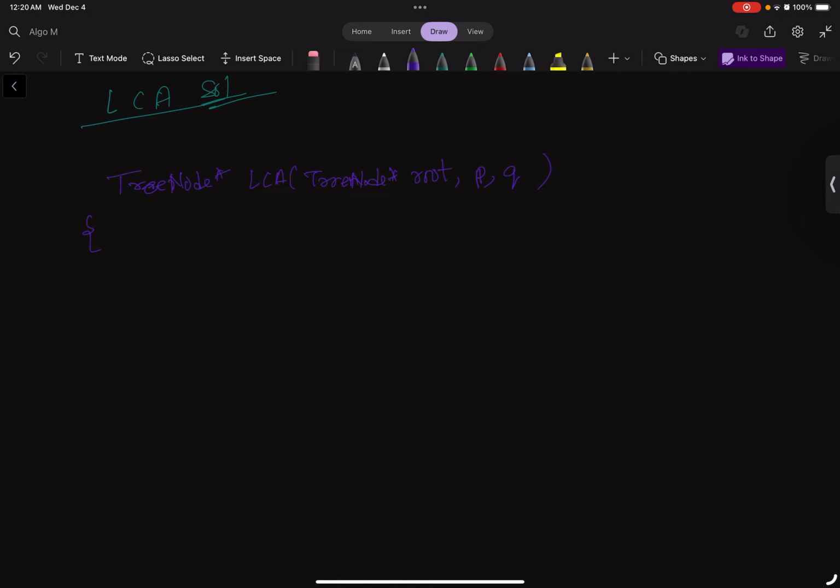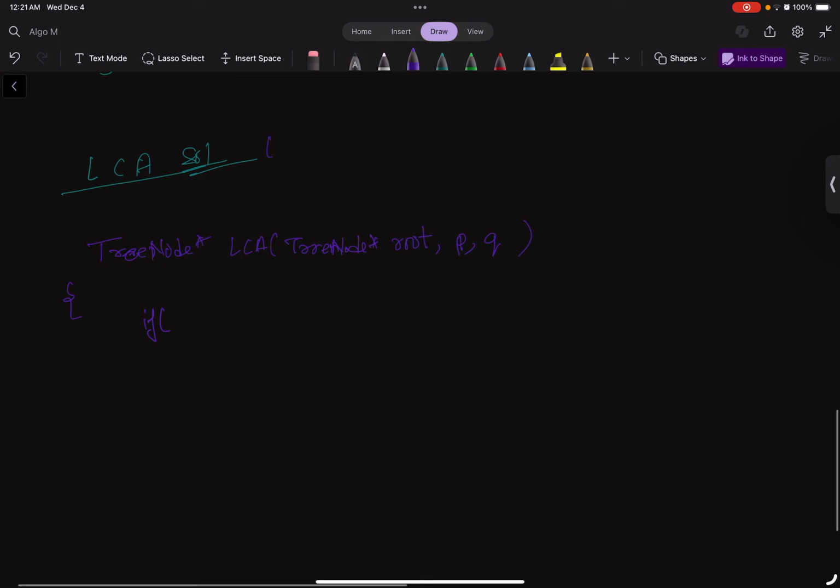I did this in a recursive way, so I will write the recursive solution first. So it should be between, and I use the tree node property, I mean in LCA of a binary search tree, BST.